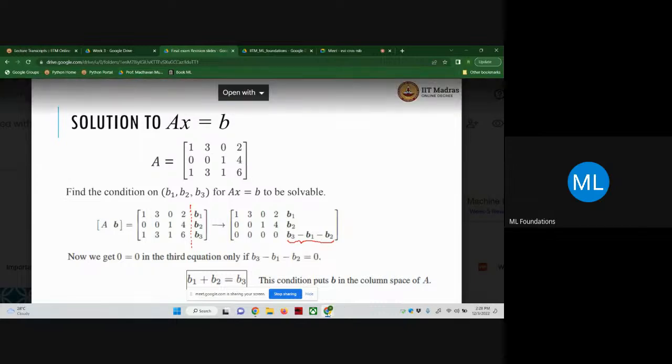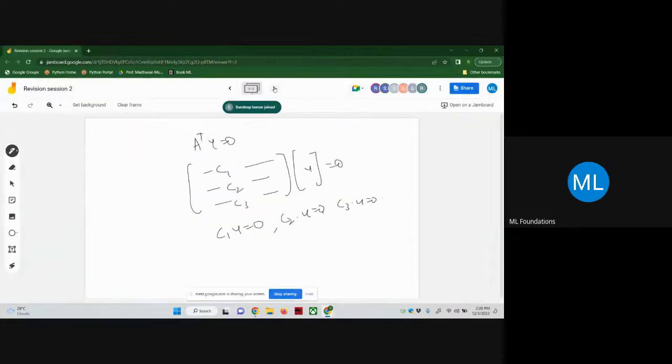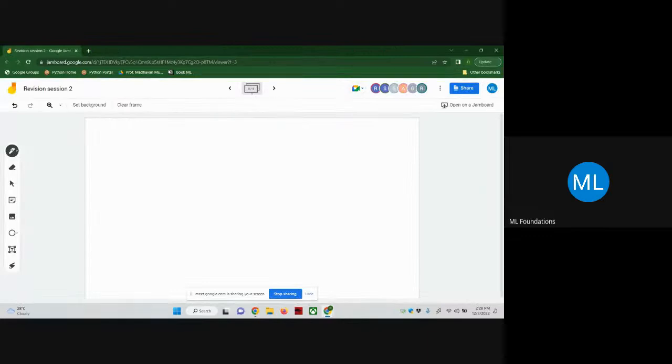Let me just explain it. Basically, suppose you have x1 through x4, four unknowns and three equations. So there will be multiple solutions. The reason is that in that case you'll have some vector x1 such that Ax1 equals 0.